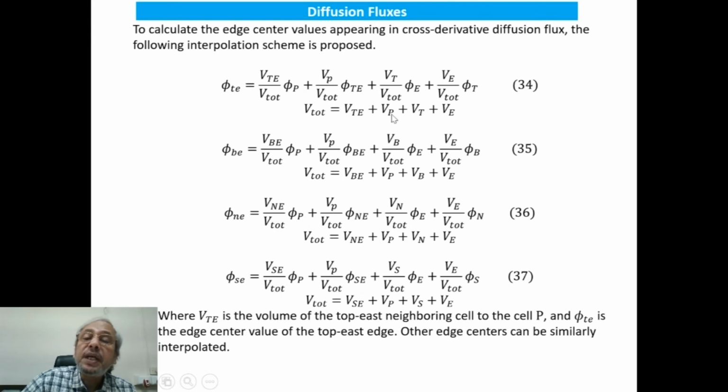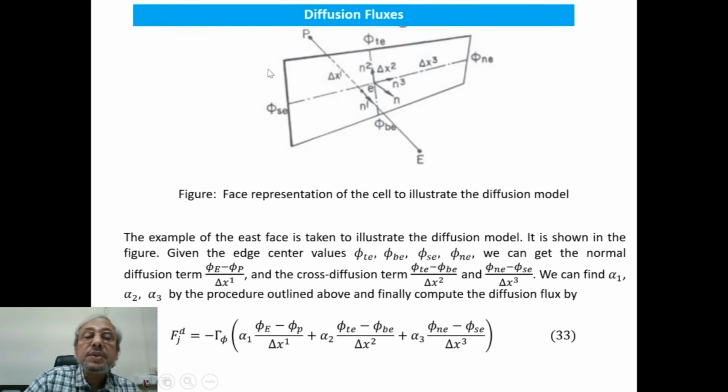Vte, Vp, cell of interest, Vt, top cell over P cell, and Ve, eastern neighbor of cell P. So this is how phi te is calculated, involving four neighboring cells: cell of interest P, cell above it T, eastern neighbor E, and basically the corner, the cell above P is T, and its eastern neighbor, that means the cell which is just at the top of the eastern cell.